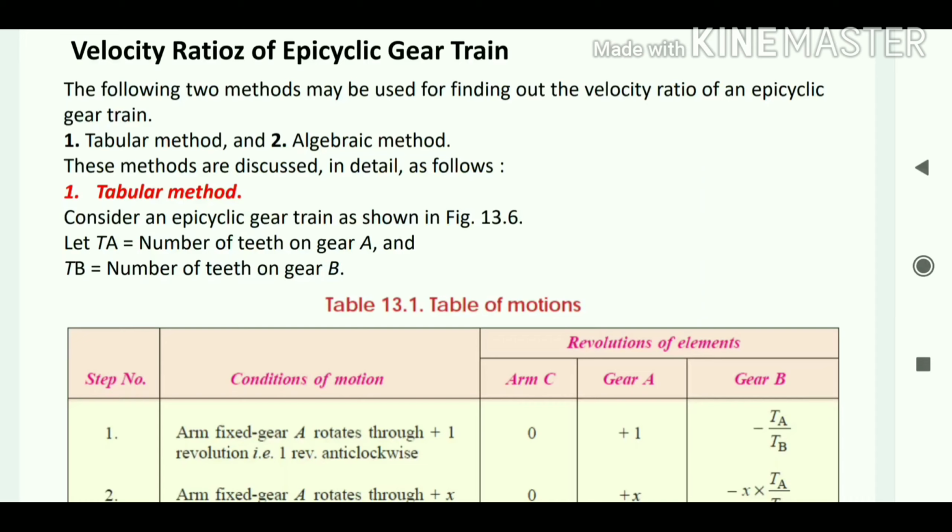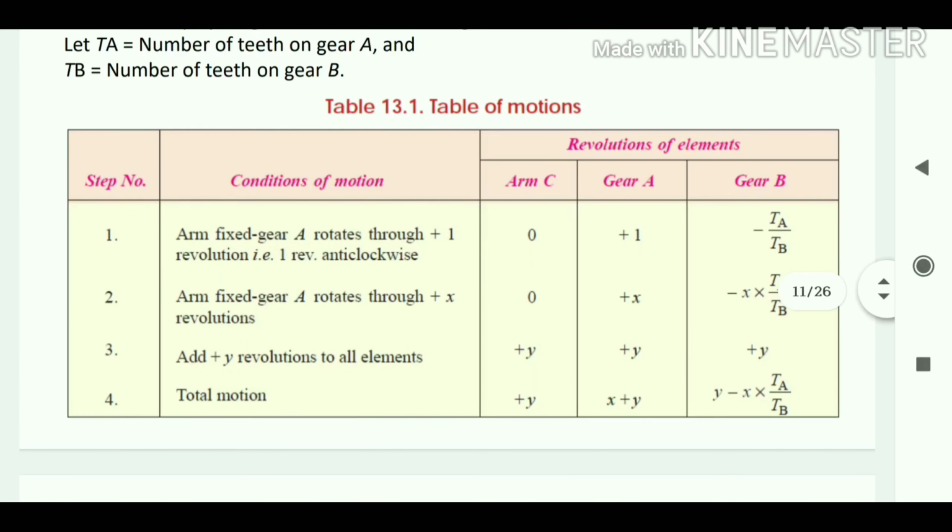There are two methods used for analyzing the epicyclic gear train. The first is the tabular method and the second is the algebraic method. In the tabular method, a table is prepared as shown here, and normally 4 steps are followed. In the first step, the arm is fixed and gear A is rotated by 1 revolution, with anti-clockwise movement taken as positive and clockwise rotation as negative.